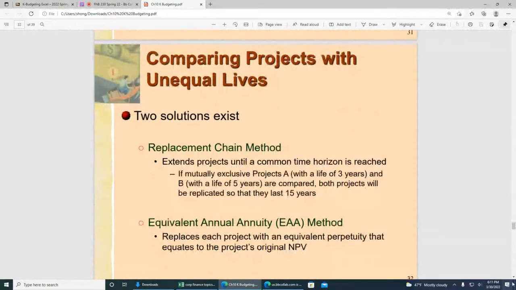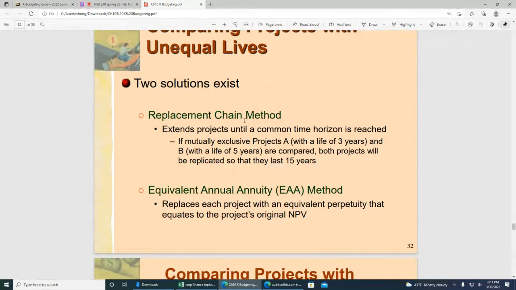There are largely two methods, two solutions. One is the replacement chain method, and the second one is the equivalent annuity method, equivalent annual annuity. The replacement chain method extends projects until a common time horizon is reached. So think about it: one project is 3 years, the other is 6 years.